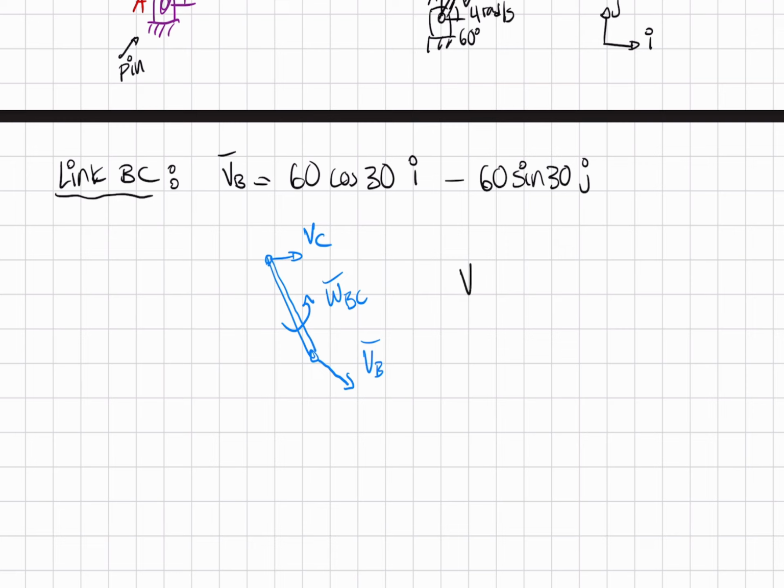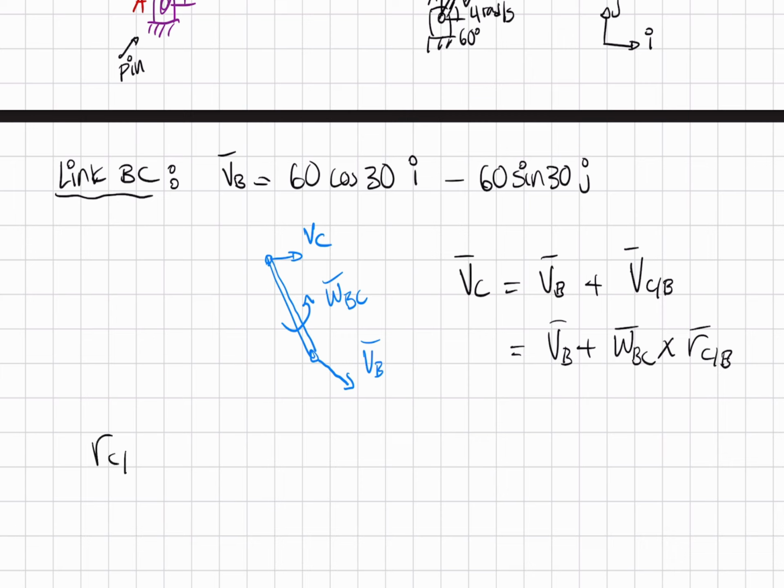So here velocity C is equal to velocity B, that was the absolute value, plus the relative term, which is velocity C to B, right? Velocity at C relative to velocity at B, and we could expand this by saying this here is omega BC cross product RCB. So this is all written in vector format.